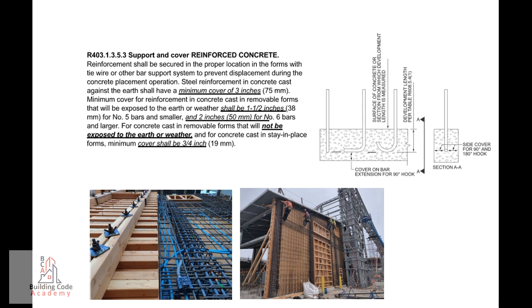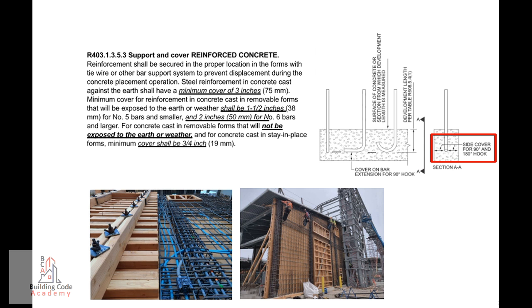R403.1.3.5.3 Support and cover reinforced concrete. Reinforcement shall be secured in the proper location in the forms with tie wire or other bar support system to prevent displacement during the concrete placement operation. Steel reinforcement in concrete cast against the earth shall have a minimum cover of 3 inches, 75 millimeters.